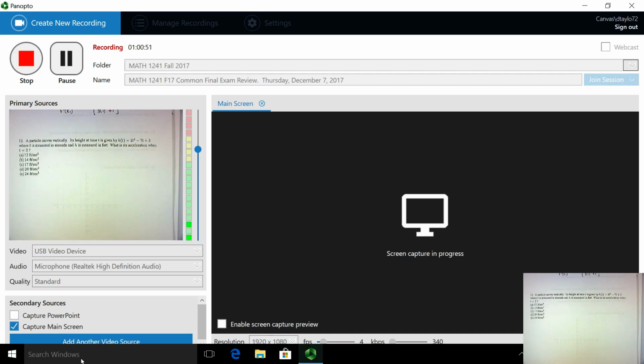All right, so this height function that is given here, essentially this is a position function. We know the relationship between position, velocity, and acceleration is that velocity is the derivative of the position function, and acceleration is the derivative of the velocity function.